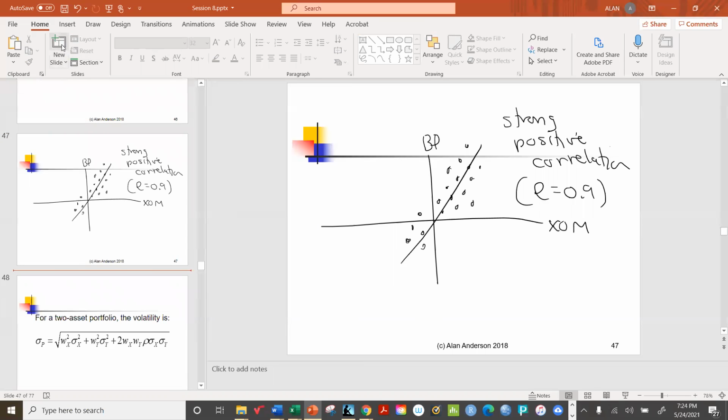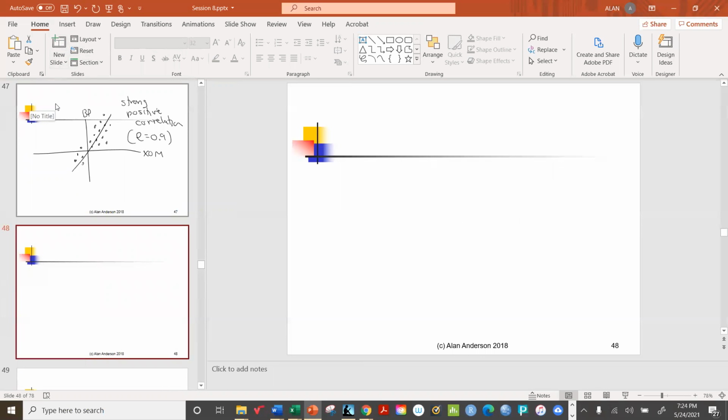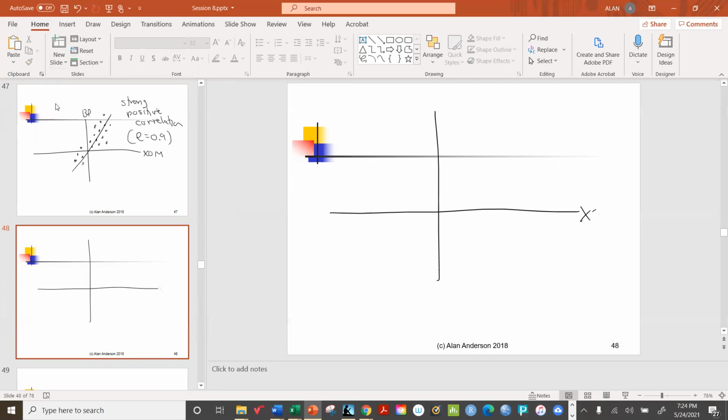But then let's say you had something like this. Let's say this is General Motors. Now, why did I pick General Motors? Because it's a manufacturing company. And if oil prices go up, people buy fewer new cars. So their profits are bound to be harmed, and their own expenses in building cars are likely to go up. So I would say that there's a pretty good chance that the correlation between them is very low or possibly negative.